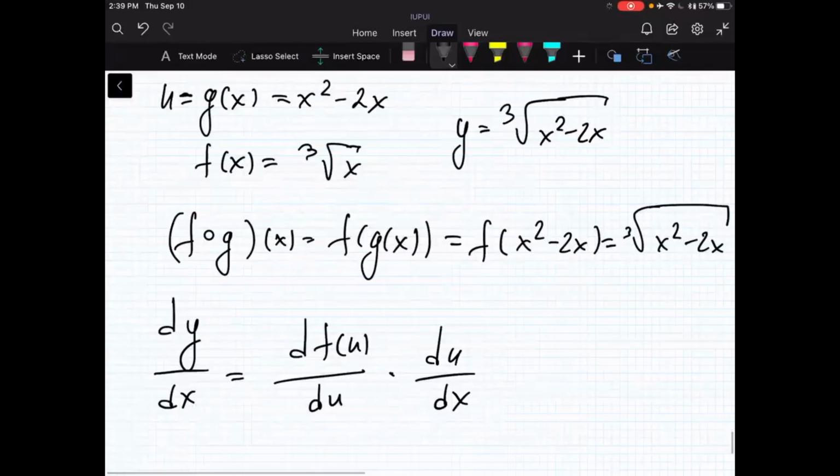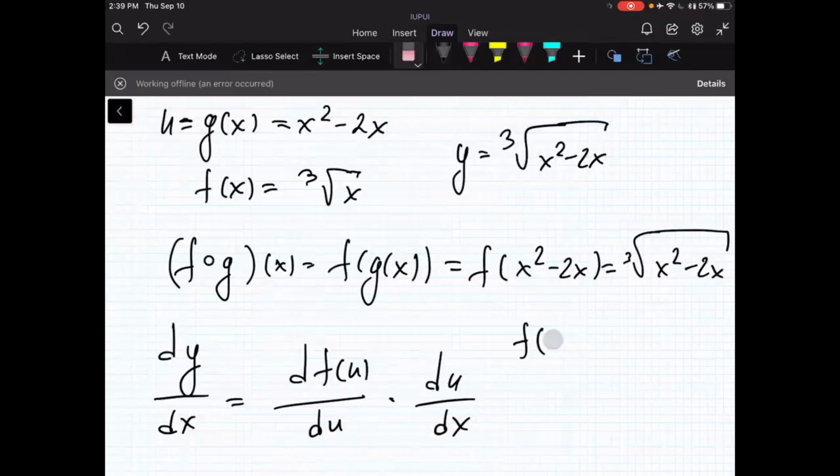Now you need to calculate f of u, which is the third root of u, right?